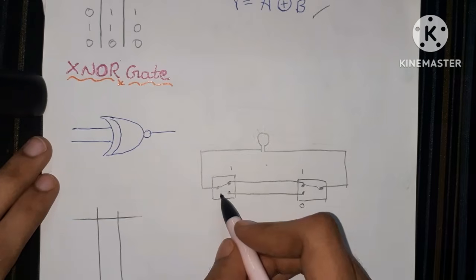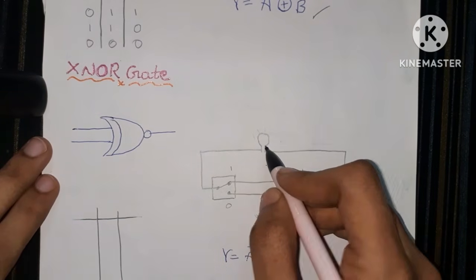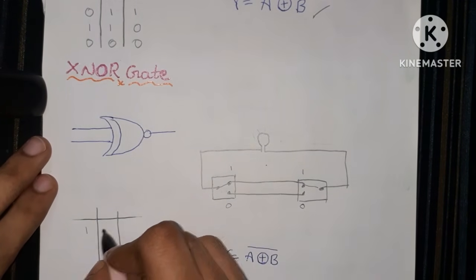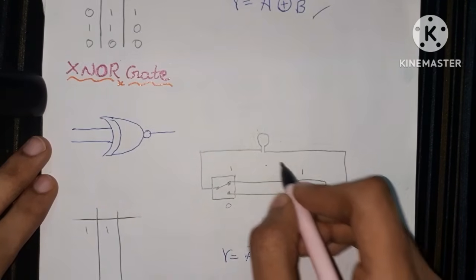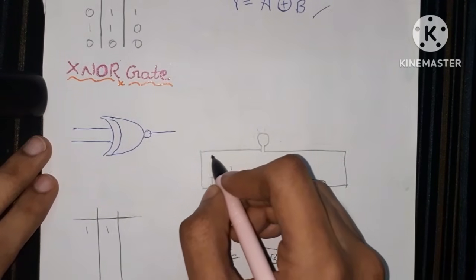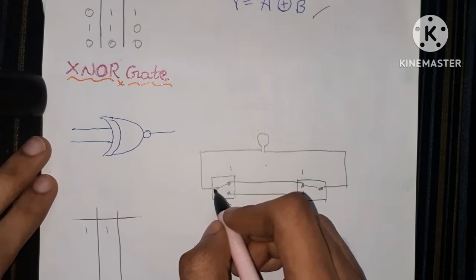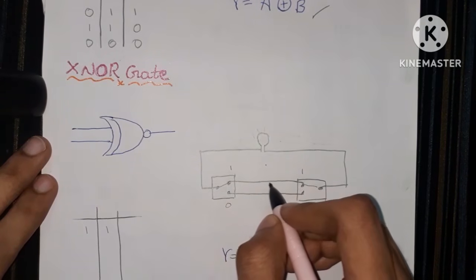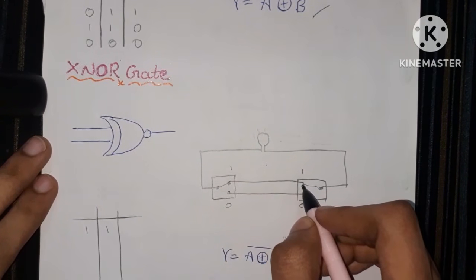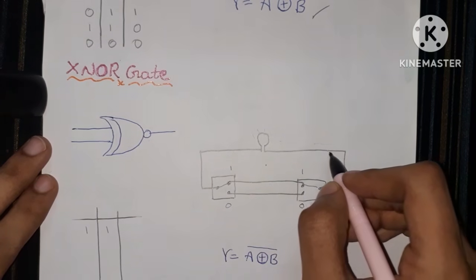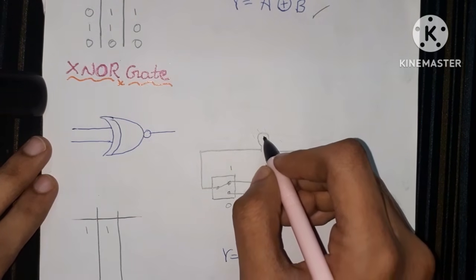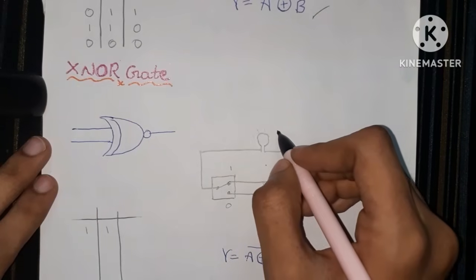Means what we are giving as inputs is 1 and 1. If it is 1 and 1, the current will flow like this. See, the current is coming like this and the circuit is closed. The current is going in the direction of the bulb and the bulb will glow.